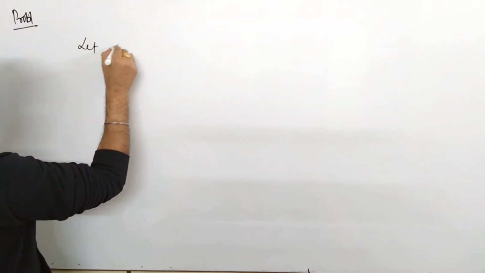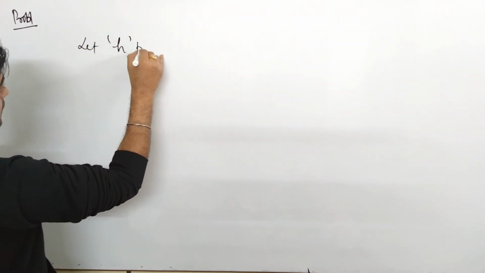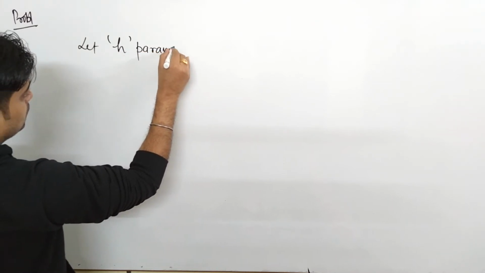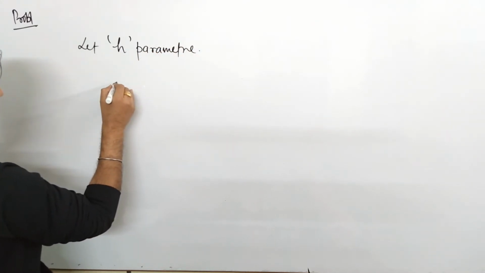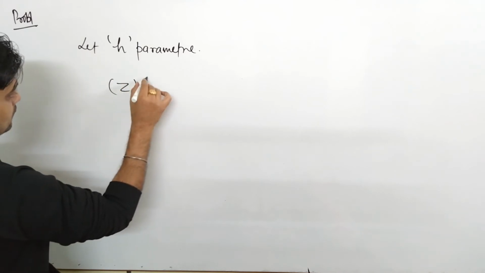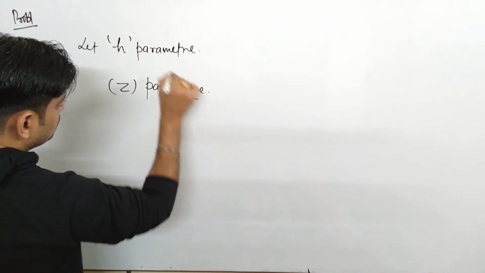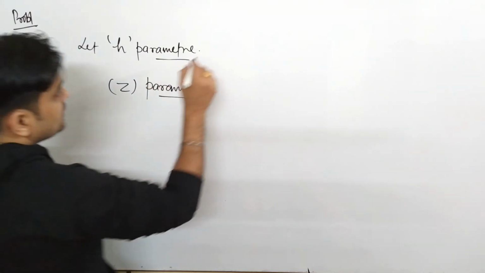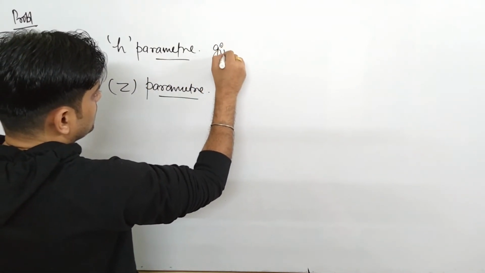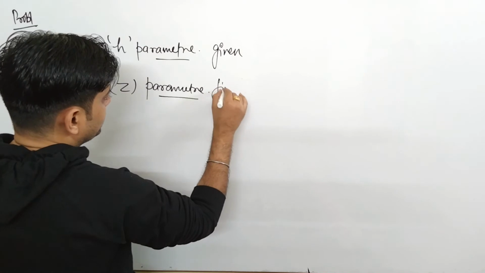Let the h parameters be mentioned here, and you have to find the z parameters. It means the h parameters are given and the z parameters you have to find.